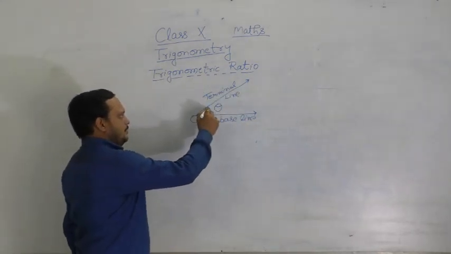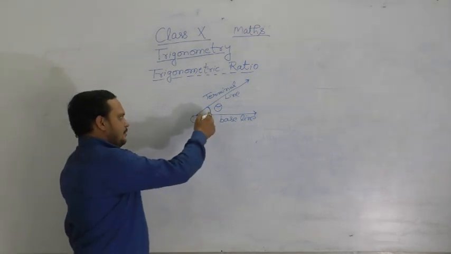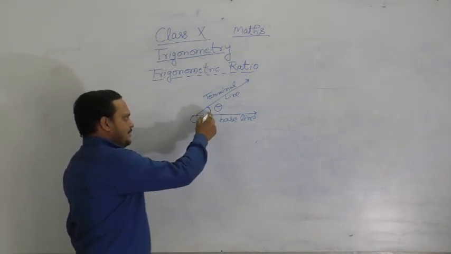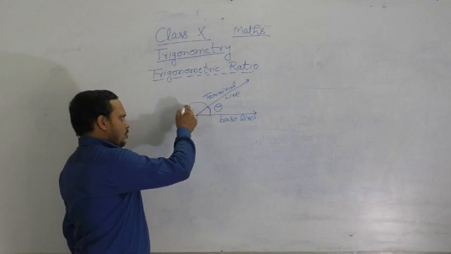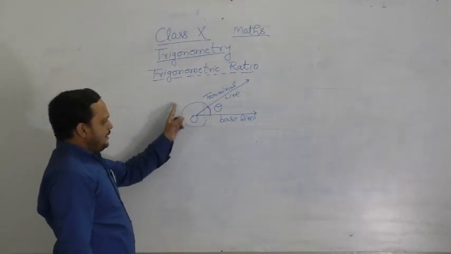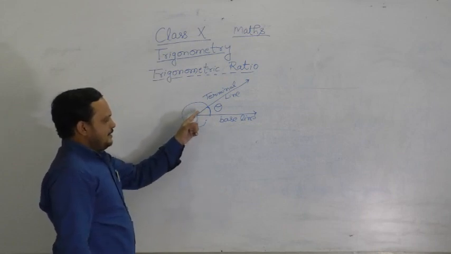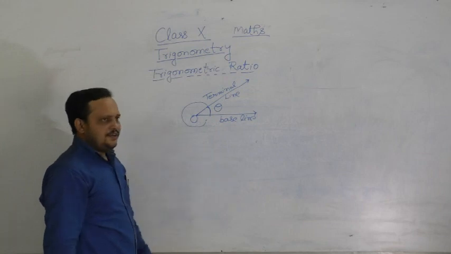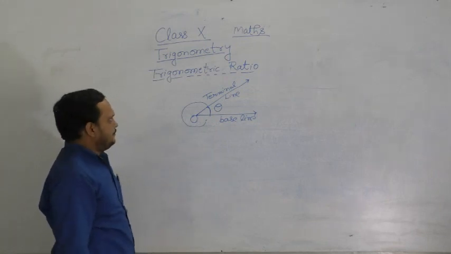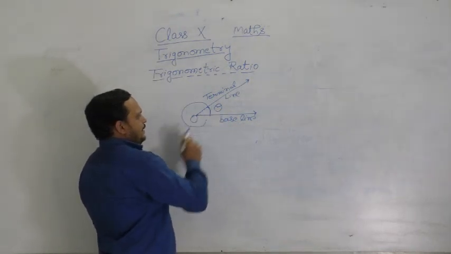This is called an angle. Angle is always measured with respect to the baseline in the anti-clockwise direction. When it is measured in the anti-clockwise direction, it is considered a positive angle. You studied in class 9 what an angle is, and it is denoted by theta.